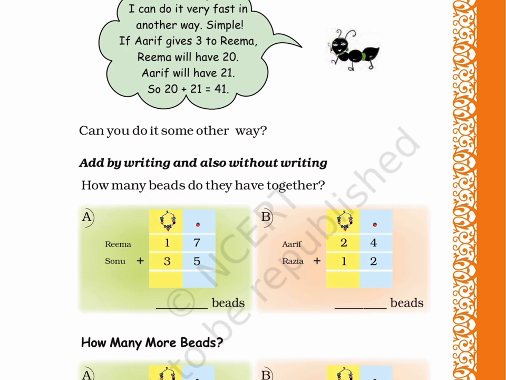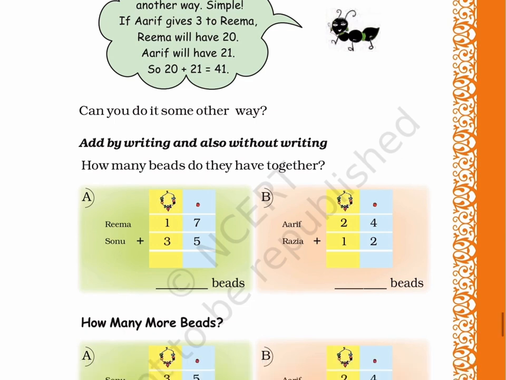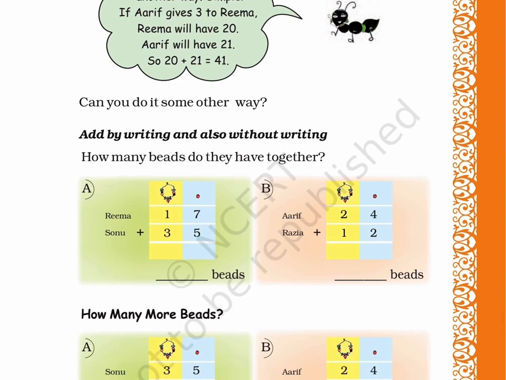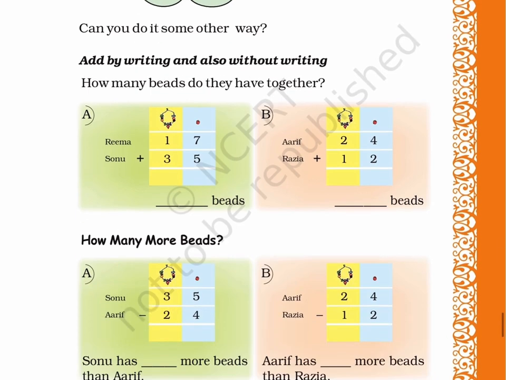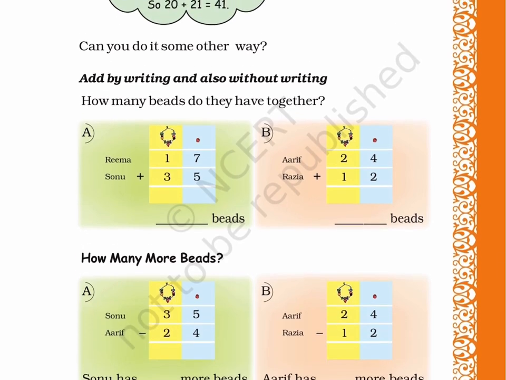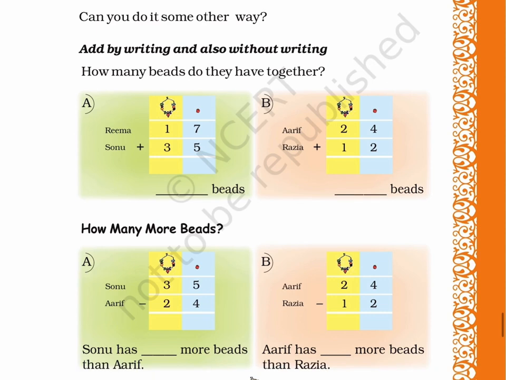Part 2. Add by writing and also without writing. How many beads do they have together? A. If Rima has 1 necklace and 7 loose beads, and Sonu has 3 necklaces and 5 loose beads.